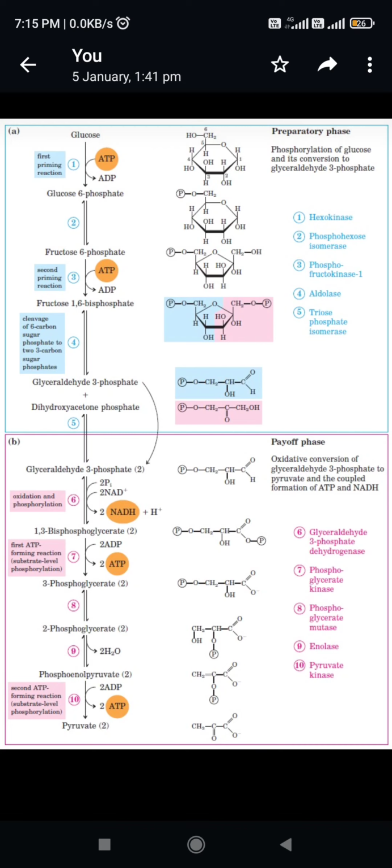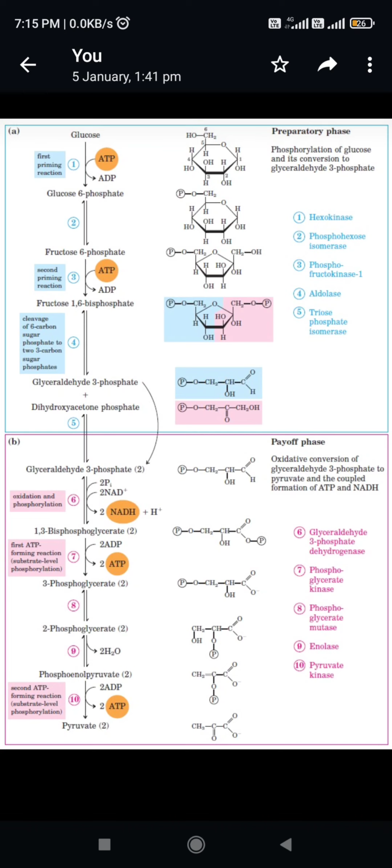Here there is an addition of 2 phosphate molecules. So there is an oxidation reaction and a phosphorylation reaction. Glyceraldehyde 3-phosphate is converted to 1,3-bisphosphoglycerate in the presence of the enzyme glyceraldehyde 3-phosphate dehydrogenase.